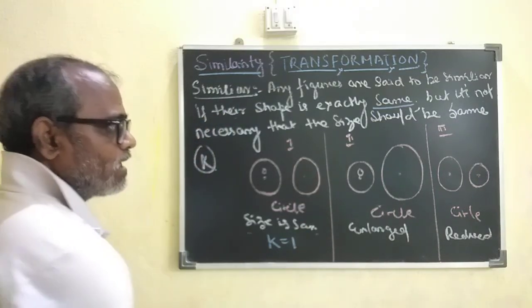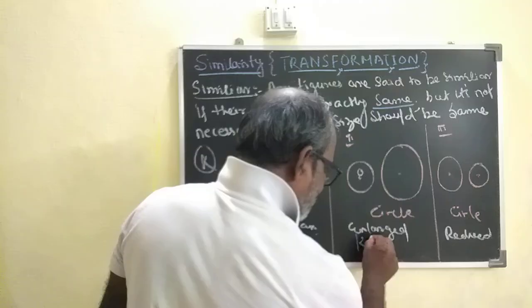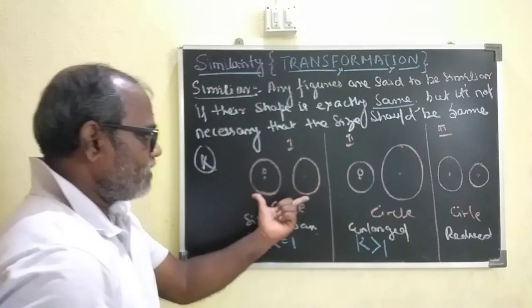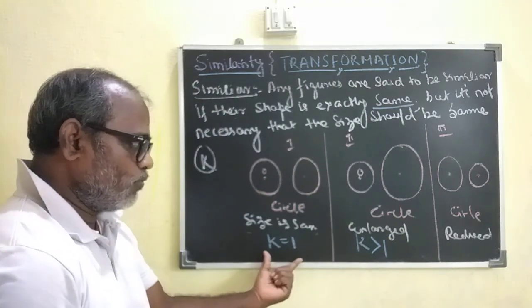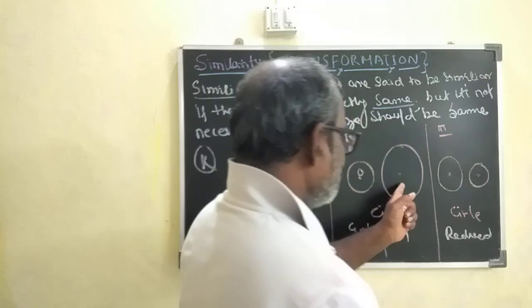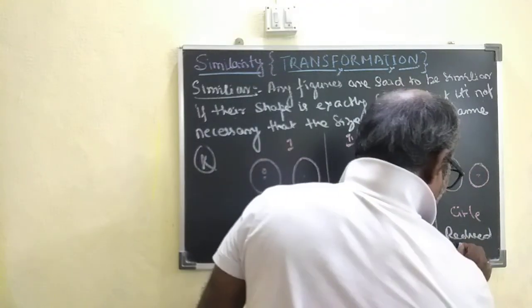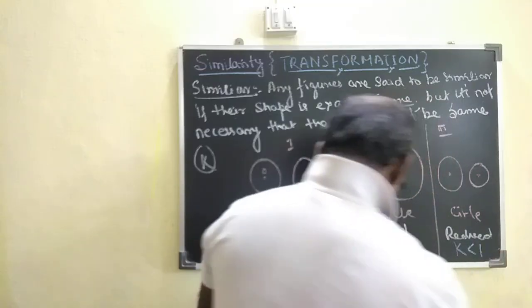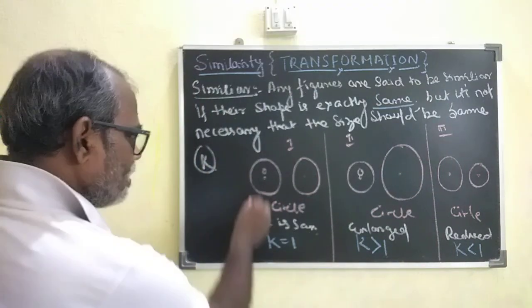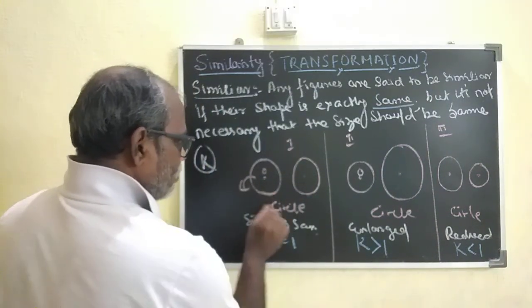In this, the scale factor K is greater than 1, because the size is enlarged. And here the K factor is less than 1.